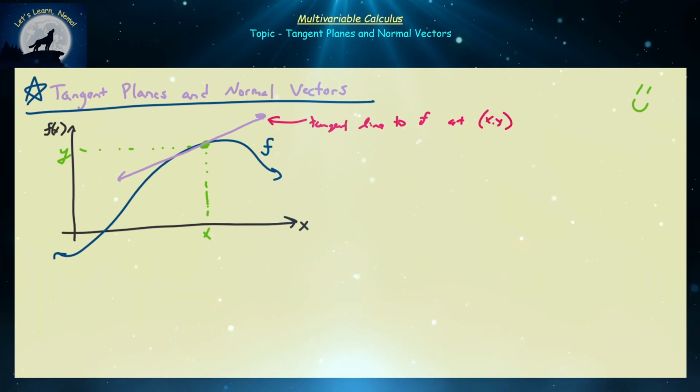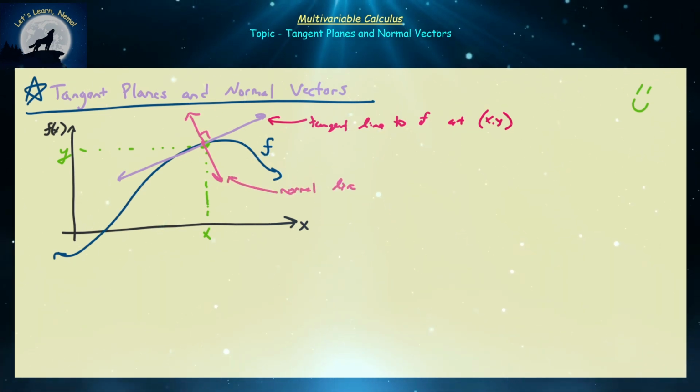So that's our tangent line, and we also sometimes find another point or line or vector, and that's usually the line or vector that's orthogonal or perpendicular to that tangent line. Some people call this the normal line, and some people call a vector the normal vector to that line, which could go in either direction.